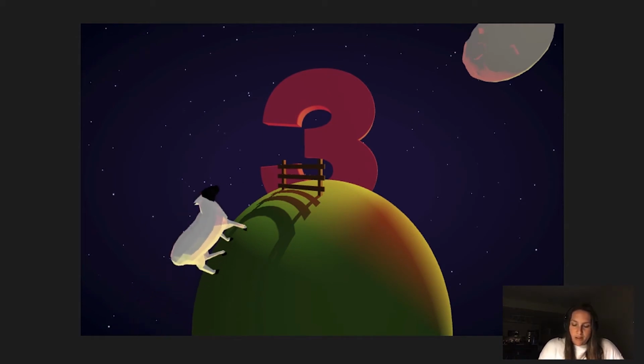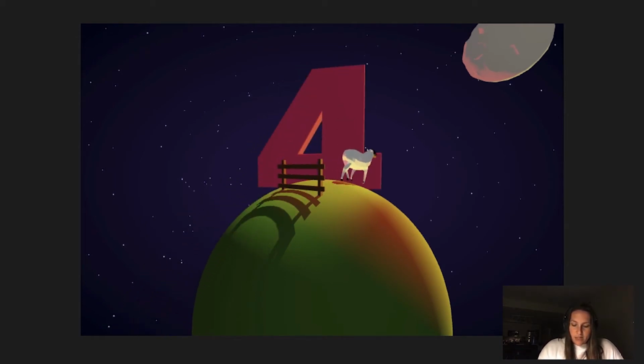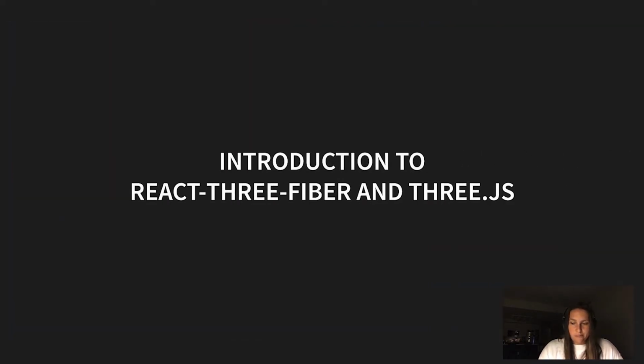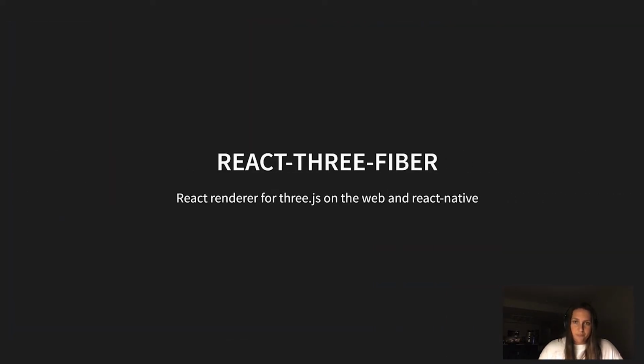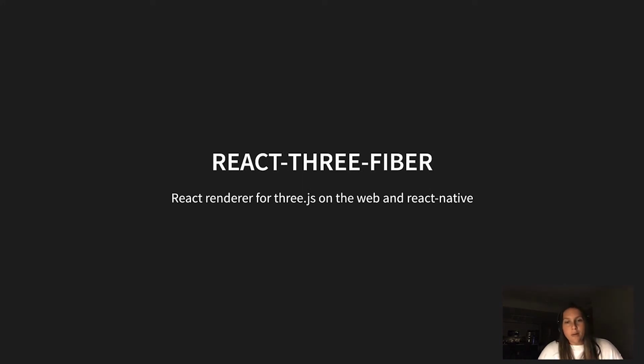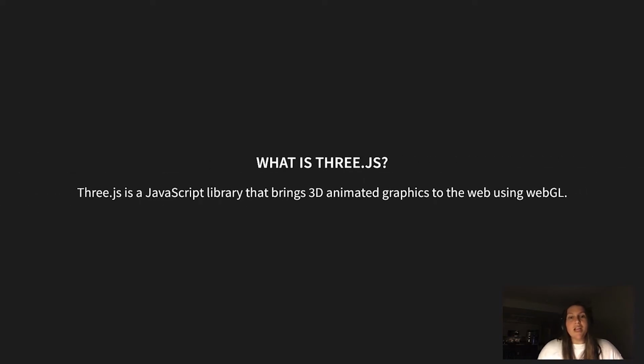This scene will loop indefinitely, but I would like to take this time to introduce you to Reactthreefiber and three.js. Reactthreefiber is a React renderer for three.js on the web and React Native. Three.js is a JavaScript library that brings 3D animated graphics to the web using WebGL.